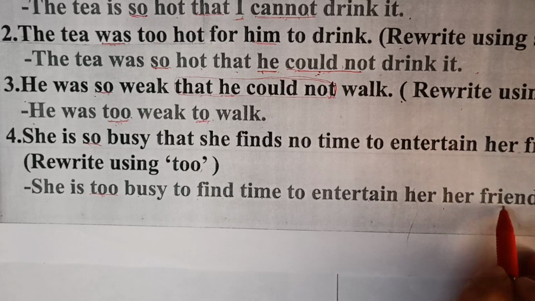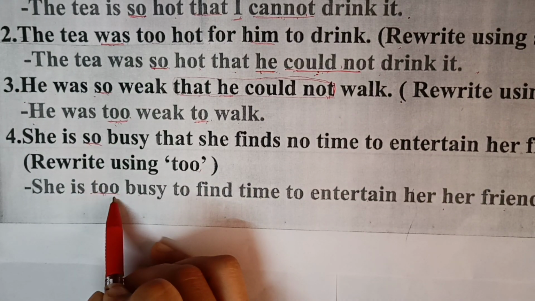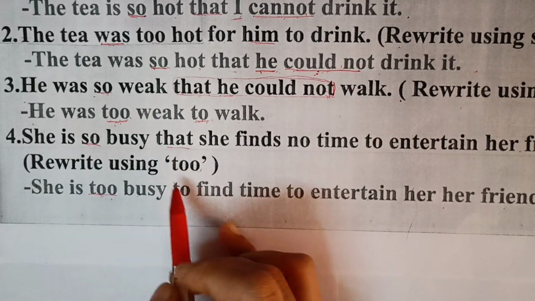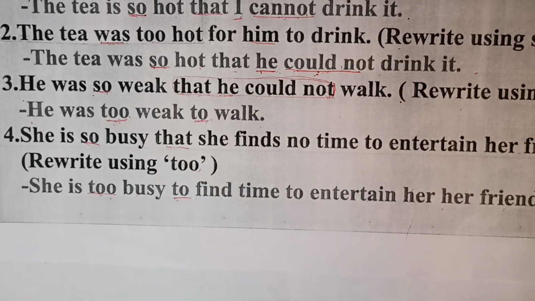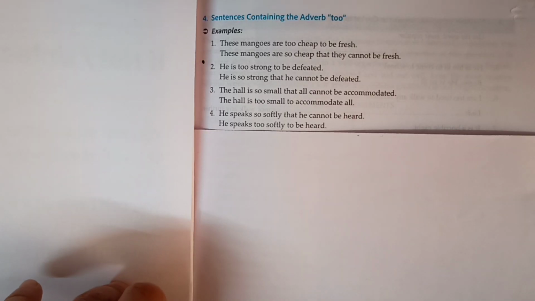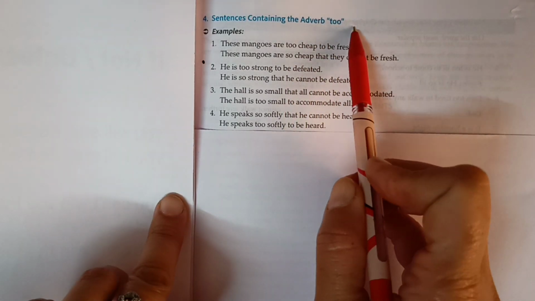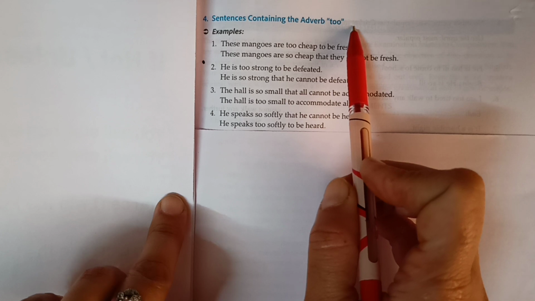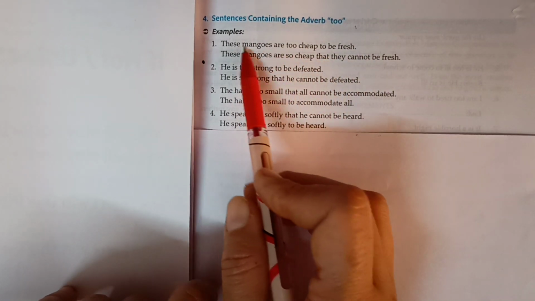So in this case, instead of so, we have rewritten the sentence using too. Instead of that, we have written to, and the rest of the things remain the same. Let's take a few more examples for better understanding. Here sentences containing adverb too are there, and we have to rewrite the sentences using so and that.